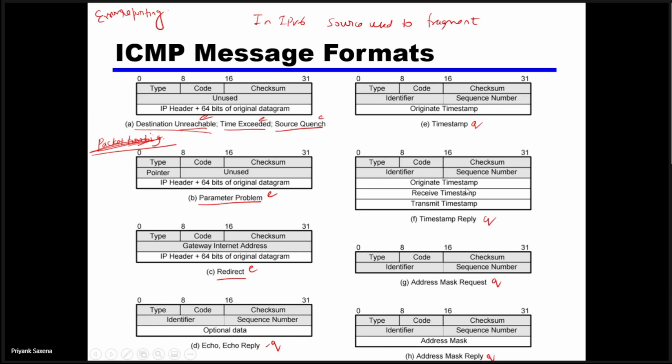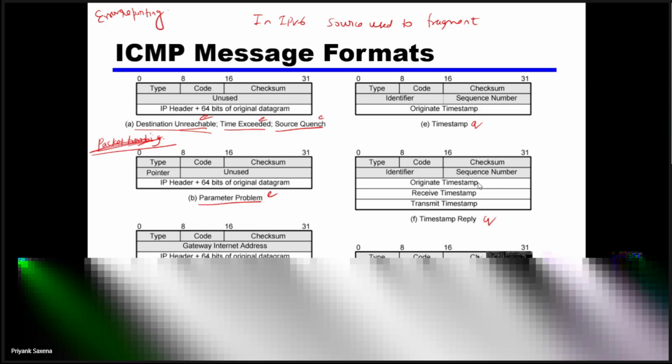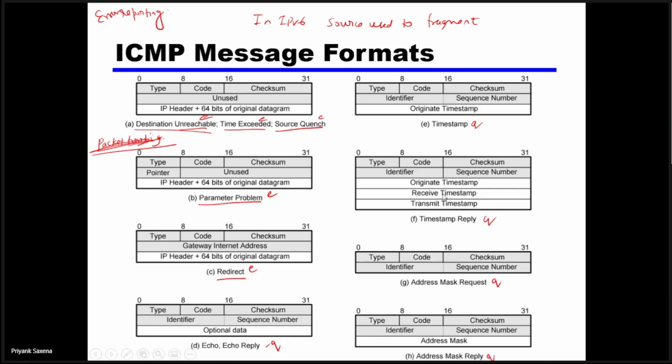Then once it reaches the destination host, the receive timestamp is put, meaning received at the destination host, and then once again a timestamp is put at which it is originating from the destination to the source, right? So in that way you can measure the total delay incurred in the network, or the delay characteristics of the network, that is, how long it takes a datagram to move from there to there and from there to here, right?